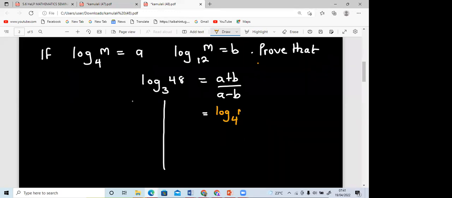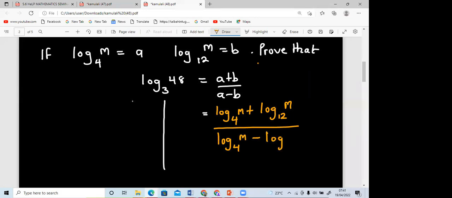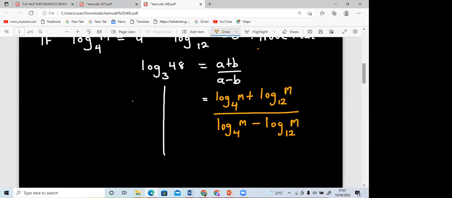Then a out of log 4m, and for b log 12m. Since they told us to prove for log 3 of 48, I changed all the logarithm bases into log 3.